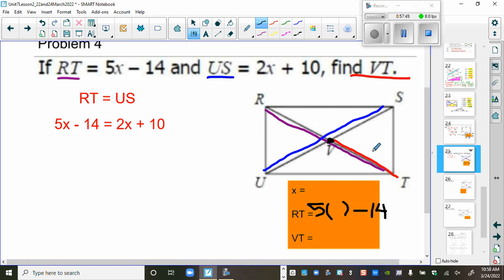What do we know about the midpoint? Midpoint divides the entire segment into two equal parts. So VT is basically RT divided by 2. And then you get your value.